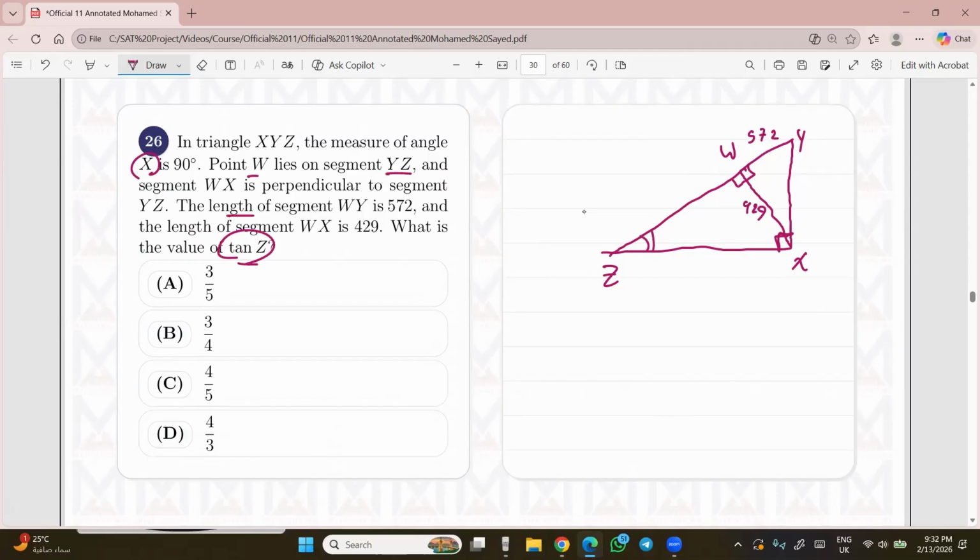How can we get tan Z? Guys, you know that tan of any angle is equal to opposite over adjacent, right? But Z is actually in two triangles. If you think about Z in this triangle, we think about the opposite and adjacent like this. This is the opposite, and this is the adjacent.